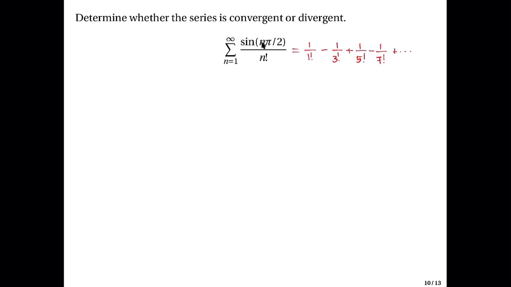Kasi even eh. Magiging 2 pi over 2, so sine pi, that's 0. 4 pi over 2, sine 2 pi, that's also 0. So nawawala yung mga even integers. Ang nakikita mo lang is yung mga odd integers.